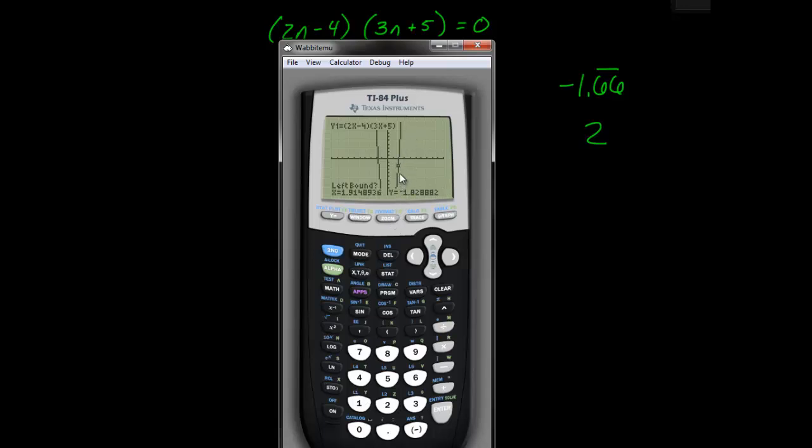So this is the leftmost side. I'm going to add a spot right there. Now I want to go to the right bound of it, so that as we move to the right, you've crossed over the boundary, you've crossed over our line. We're not really looking at guessing. It gives us our other zero as x equal to 2. So that is another way of solving it on the calculator.